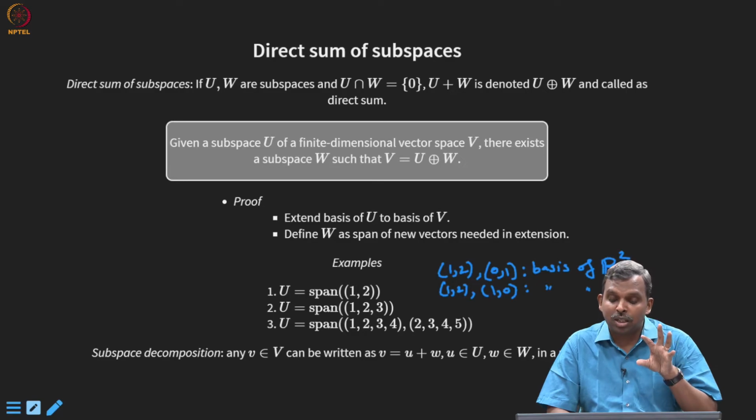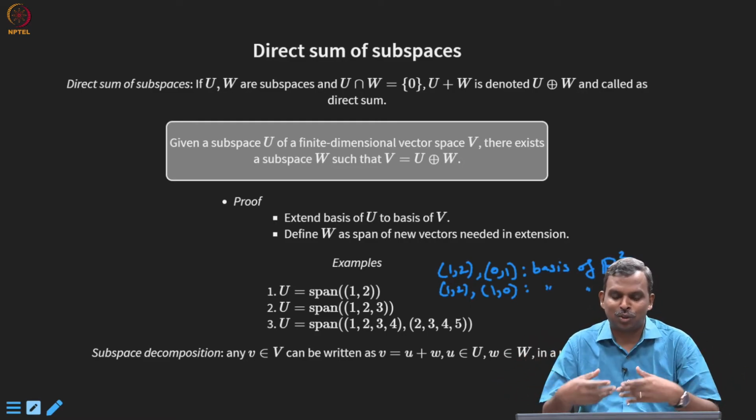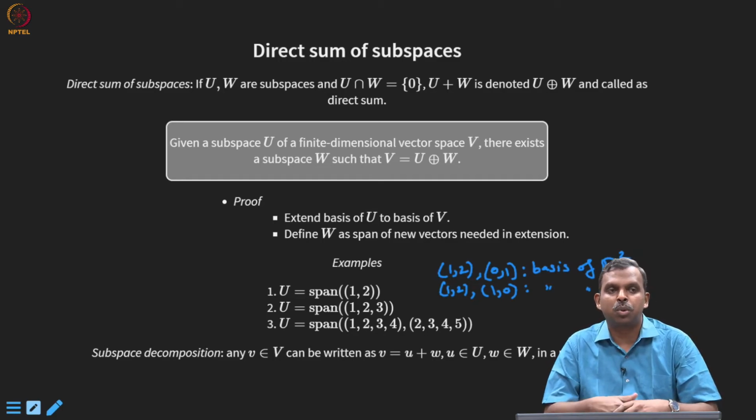Because it is a direct sum, it ends up being unique also. So, how do you prove it is unique? The technique for showing something is unique is you assume it is not unique and show that it will end up being unique anyway. So, if you assume it is not unique, you can write u1 plus w1 and u2 plus w2 with u1 not equal to u2, w1 not equal to w2.